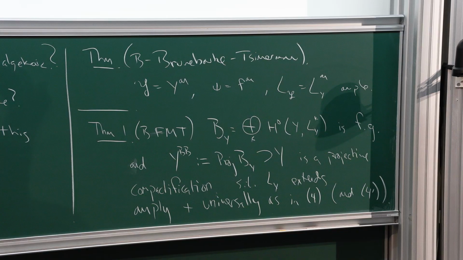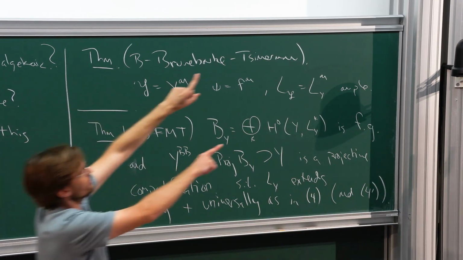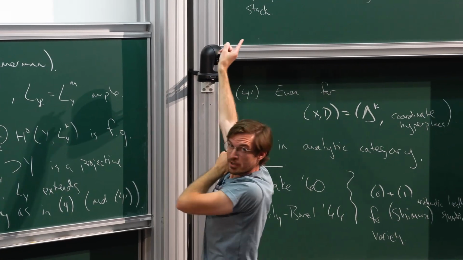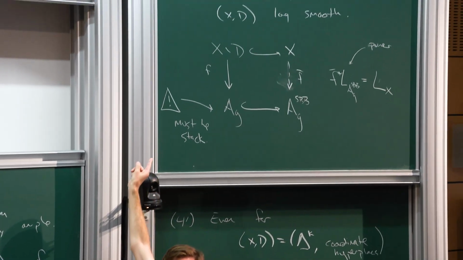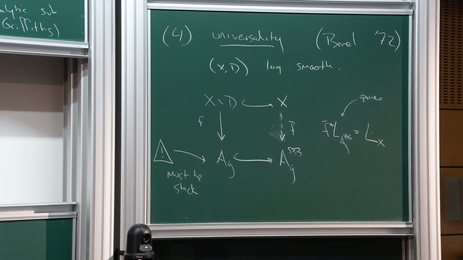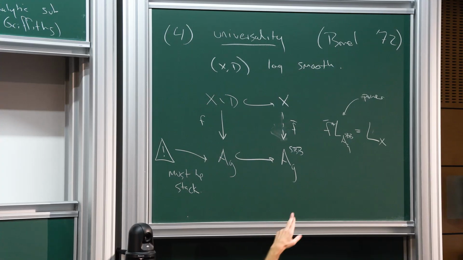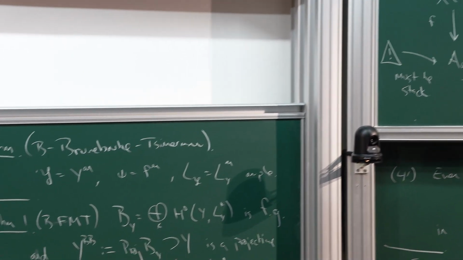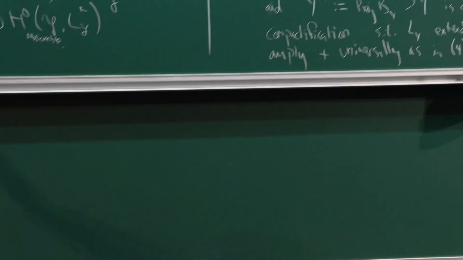Sorry, another question? The analog of this property means that in the log smooth case, there's an extension of the map which is compatible with the line bundle. Yep. And the same thing for 4 prime. Okay.